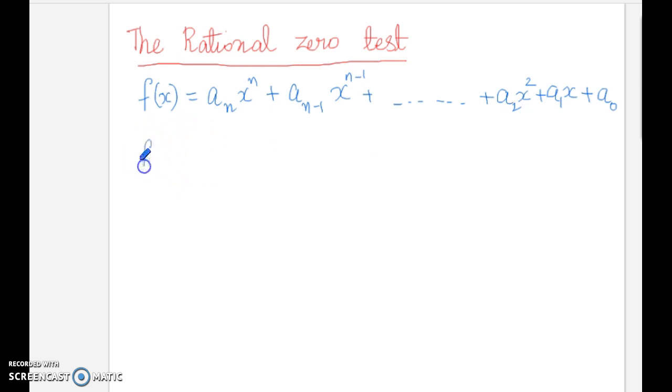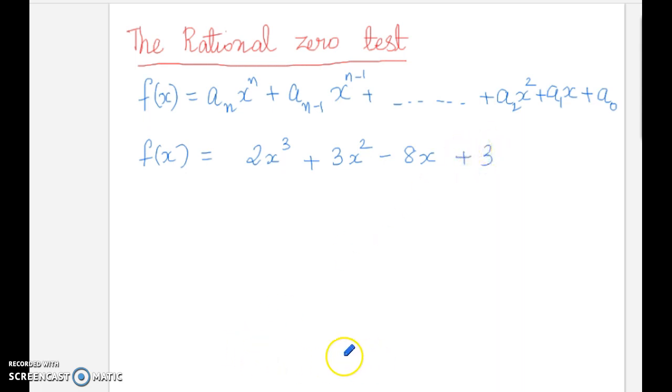For example, let's say we have a third degree polynomial. Let's say we have 2x cubed plus 3x squared minus 8x plus 3.